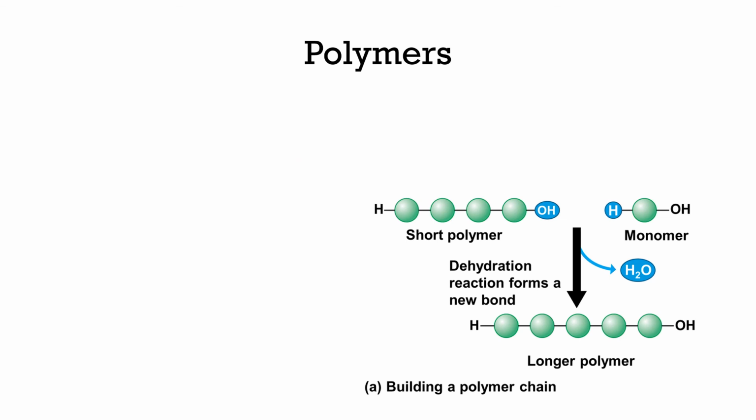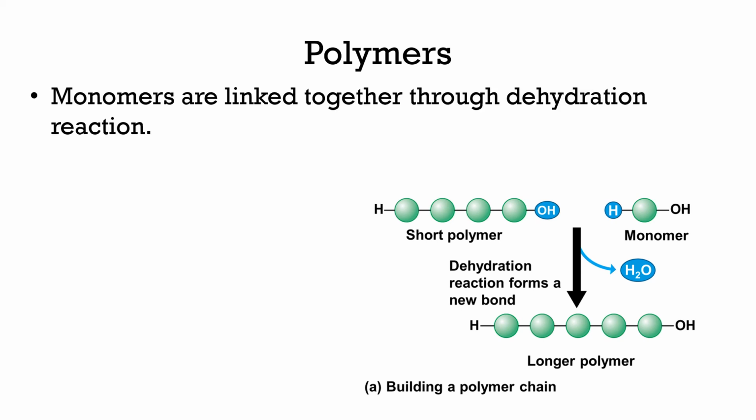Now, the way that polymerization takes place is a chemical reaction called a dehydration reaction. This may sound like a weird word because you know what dehydration is. You don't have enough water, you're really thirsty. Well, dehydration does have to do with water.